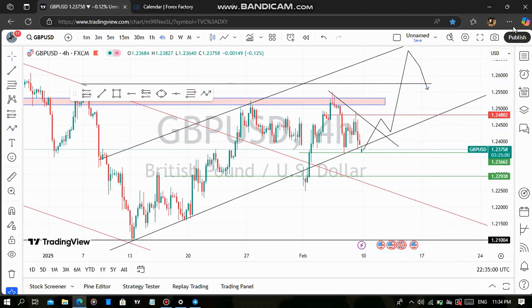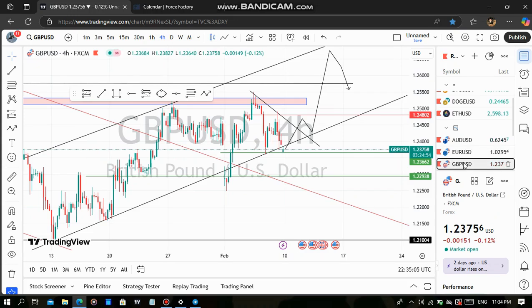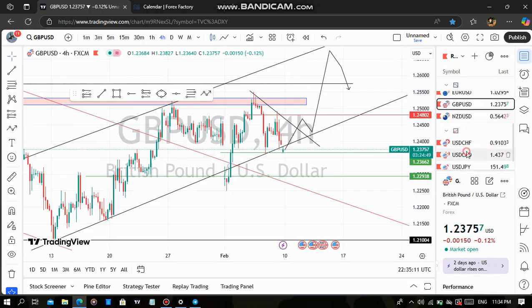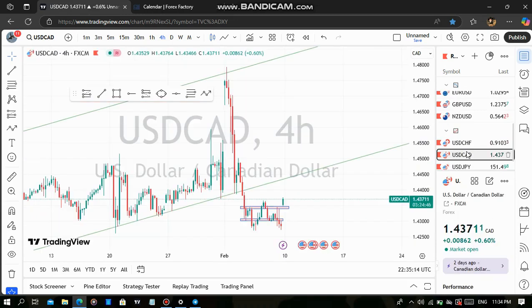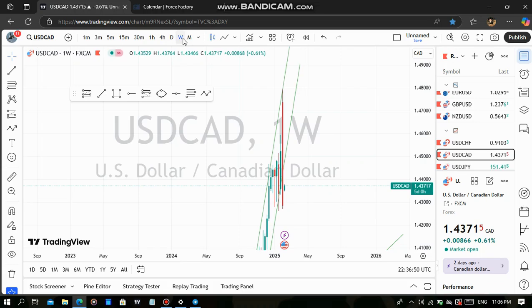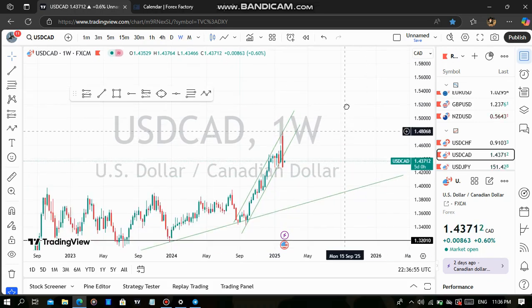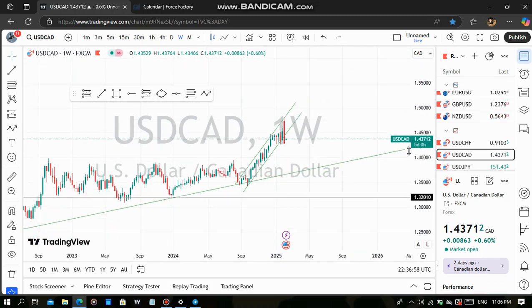Well, I believe my explanation of DXY should give us clarity on the other USD pairs. Let me take USD CAD for example now. For USD CAD, looking at it, you can see it's on a strong bullish movement.